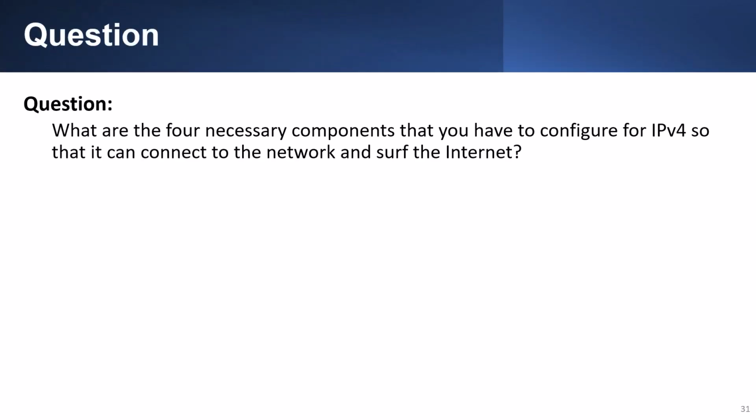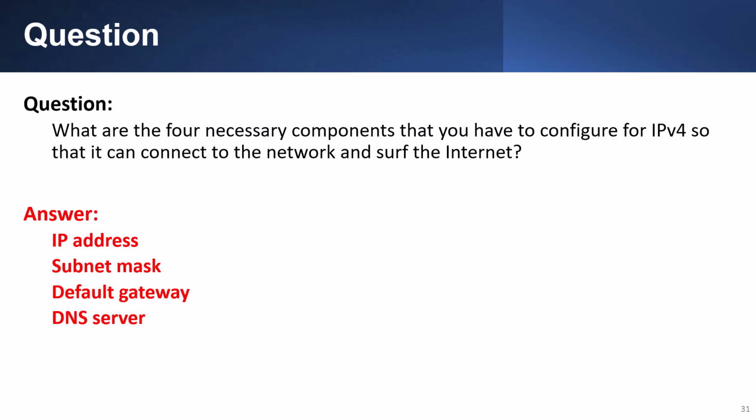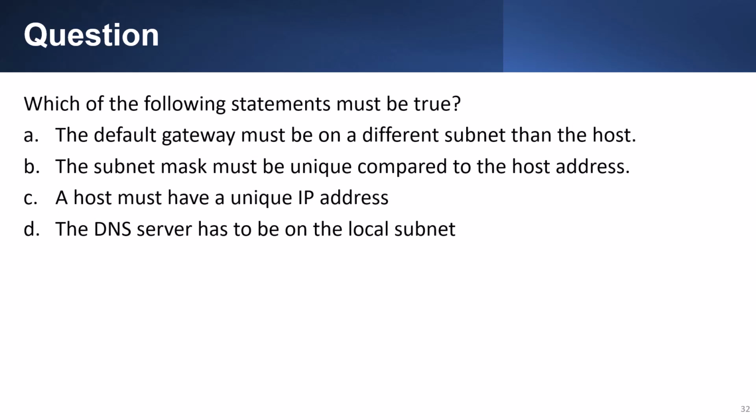Question: what are the 4 necessary components that you have to configure for IP version 4 so they can connect to the network and surf the internet? Answer: IP address, subnet mask, default gateway, and DNS server. Question: which of the following statements must be true?